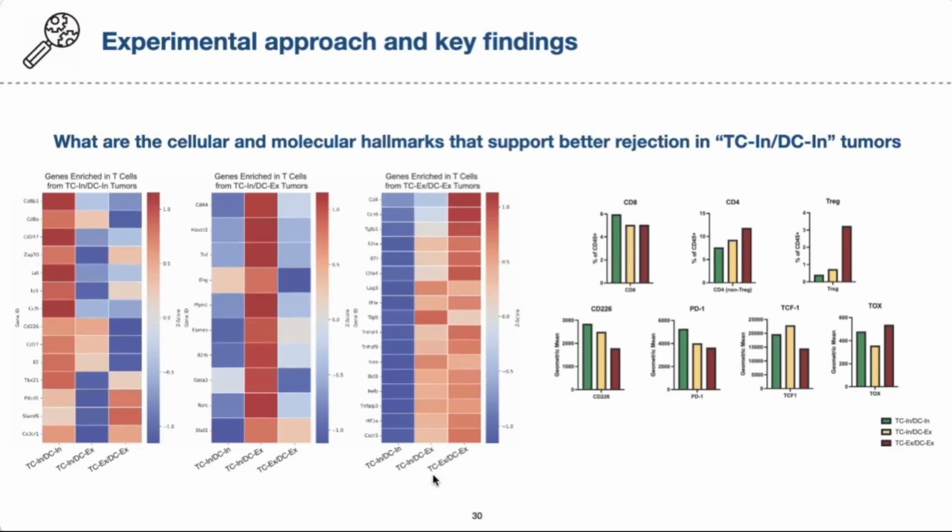When we then look at our T cell excluded and dendritic cell excluded tumors, it looks like they're really expressing a Treg or TR1 type gene signature quite strongly. And so we can see a lot of hallmark genes like CCR8, TGF beta, the co-inhibitory receptors that we think of as canonical for regulatory T cells.